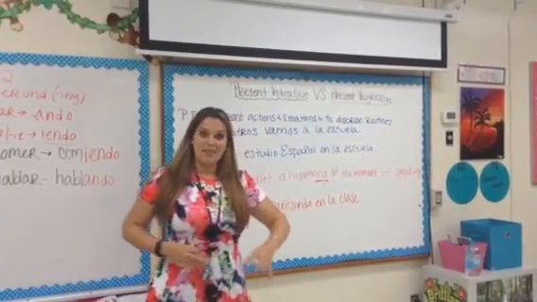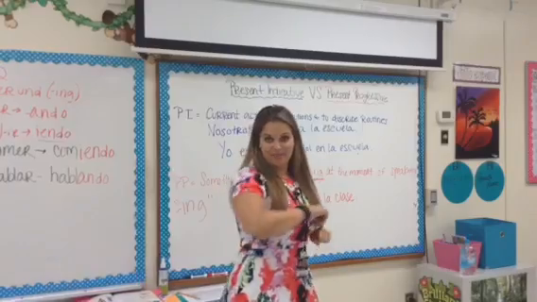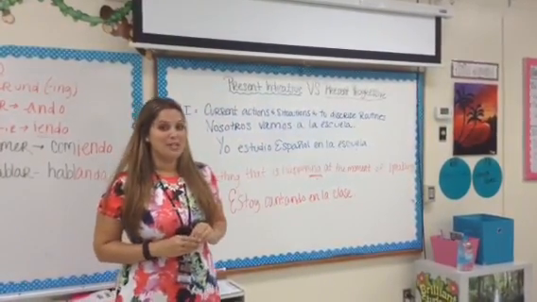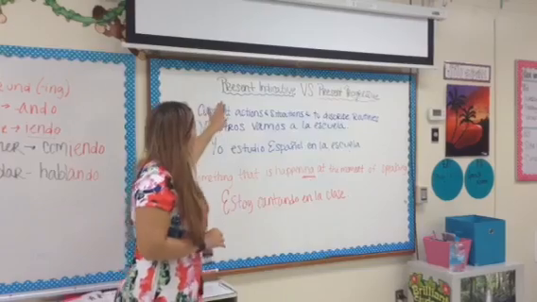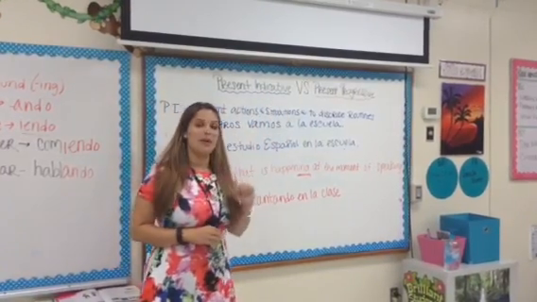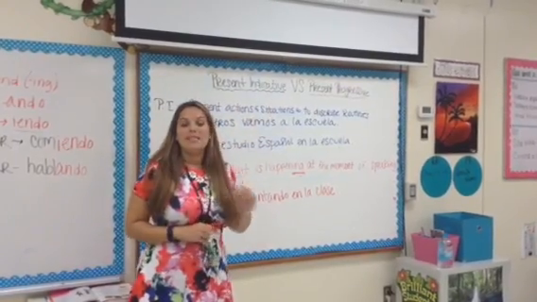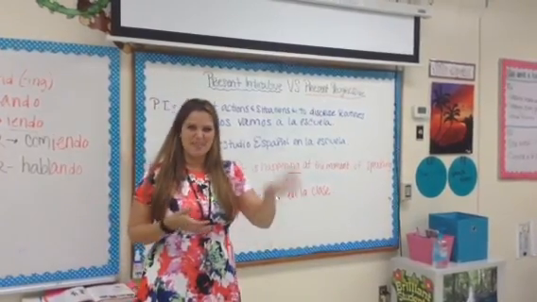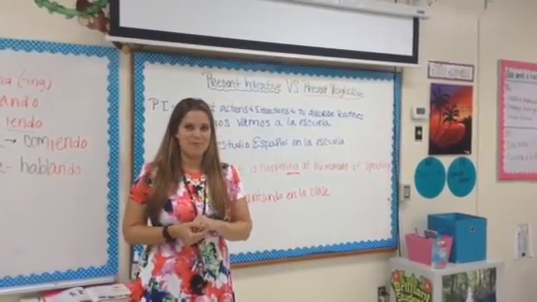Present progressive because it's something that I am doing right now. If I said, I am going to the store tomorrow, would it be present indicative or present progressive? Present indicative because it's something that I am doing tomorrow. It's describing that situation. It's not something that I'm doing in the exact moment.